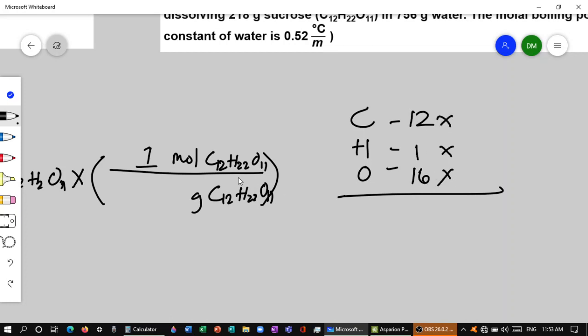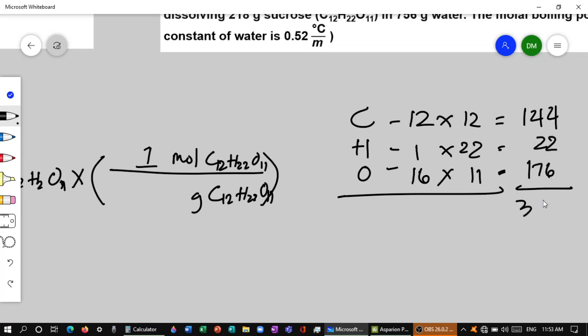So here we have 12 carbons, 22 hydrogens, and then 11 oxygens. That's equal to 144, 22, and then 176. And if you add this one, it's equal to 342 grams. So the molar mass of sucrose is equal to 342 grams.